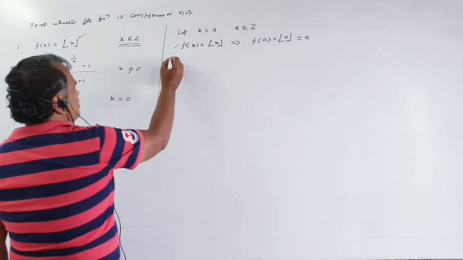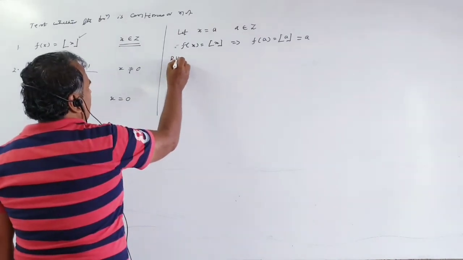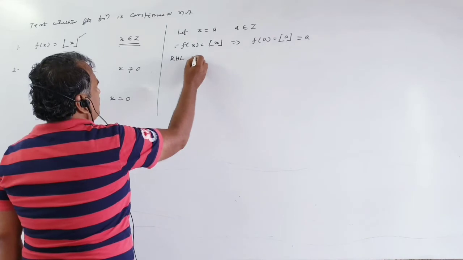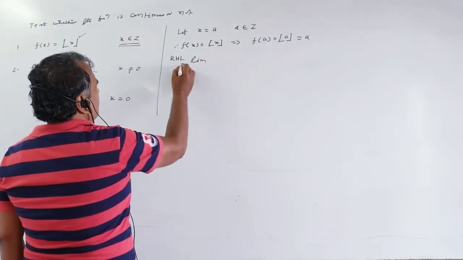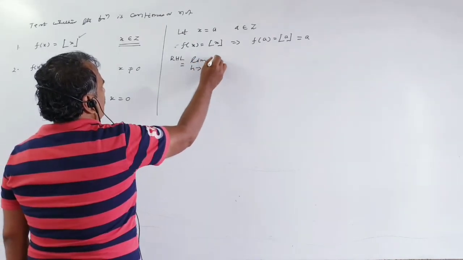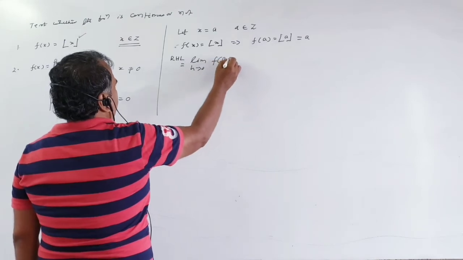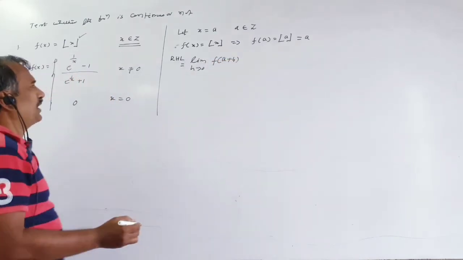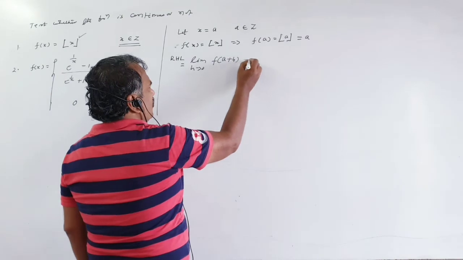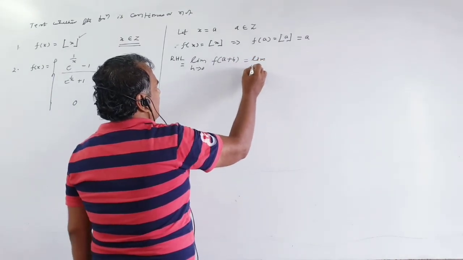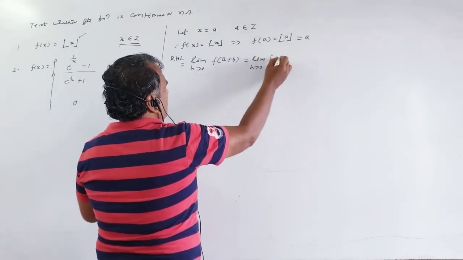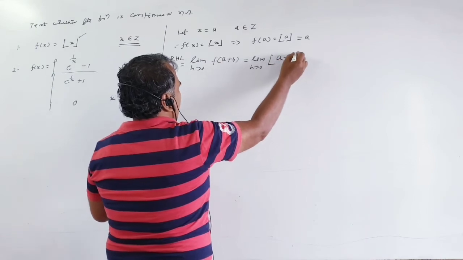Okay. Now next one is the right hand limit. Limit x tends to 0 of f of a plus x. Now this equals limit x tends to 0 of the greatest integer of a plus x.